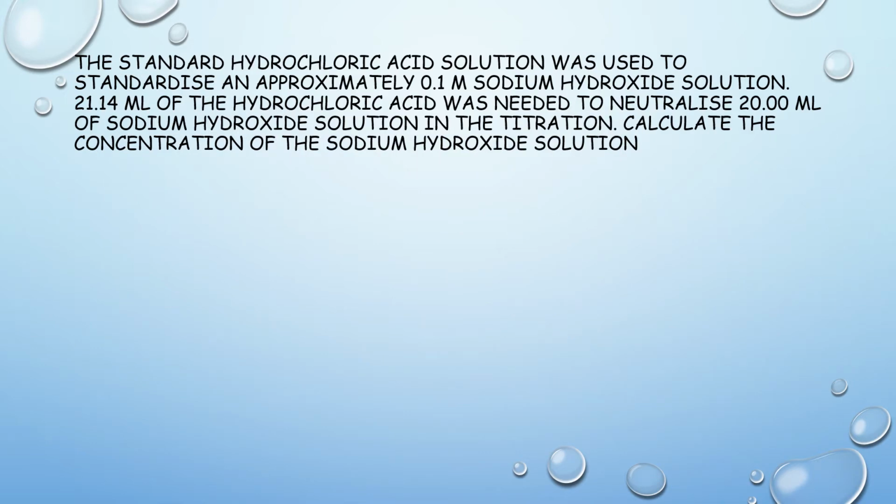Now that we've standardised our hydrochloric acid, we can now standardise our sodium hydroxide, which is about 0.1 molar. So we use 21.14 ml of the hydrochloric acid. Now this isn't an exact volume, so that was in the burette.